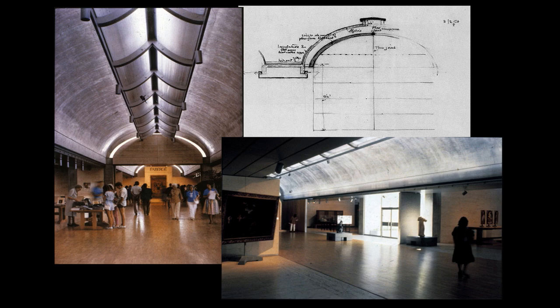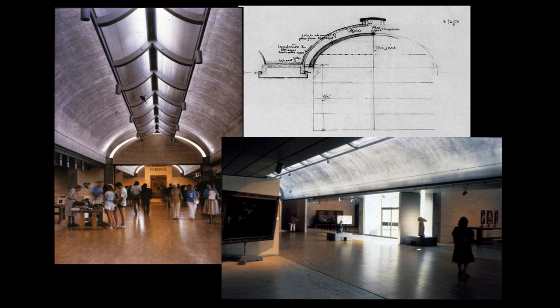When you enter on the cross axis, you don't go very far before you sort of rotate to the right or the left and find yourself going down the length of some of these units in order to access the gallery space. And then from there, you kind of slide from one of these spaces to the next, going under the gap between one of these vault-like coverings and the other.